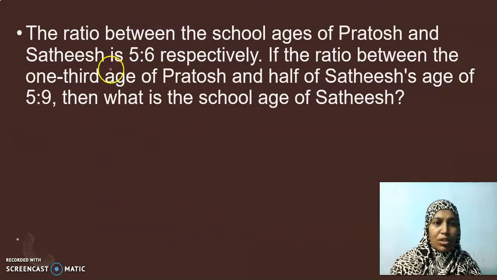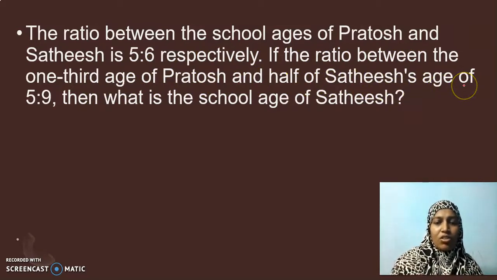Now the next question is: the ratio between the school ages of Pratosh and Satish is 5:6. If the ratio between 1/3 of Pratosh's age and half of Satish's age is 5:9, then what is the school age of Satish?